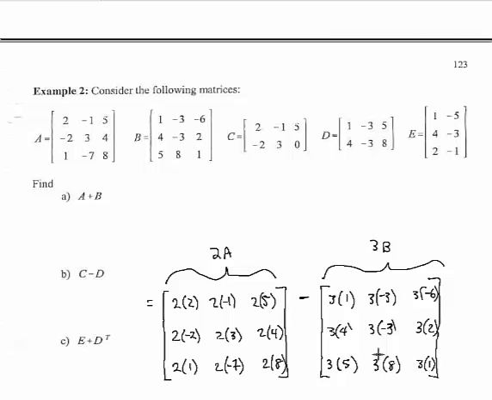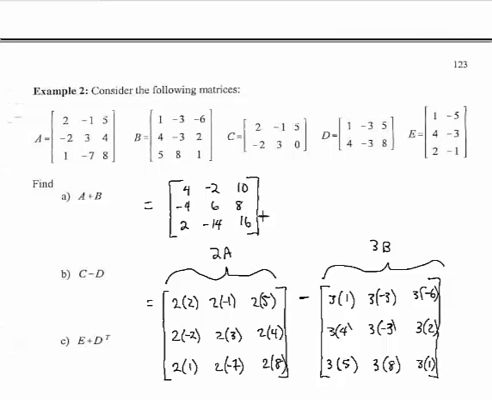Now I'll simply go back and replace these by carrying out the multiplication, which you probably could have done in the first place. So we end up with 4, negative 2, 10, negative 4, 6, 8, 2, negative 14, and 16.